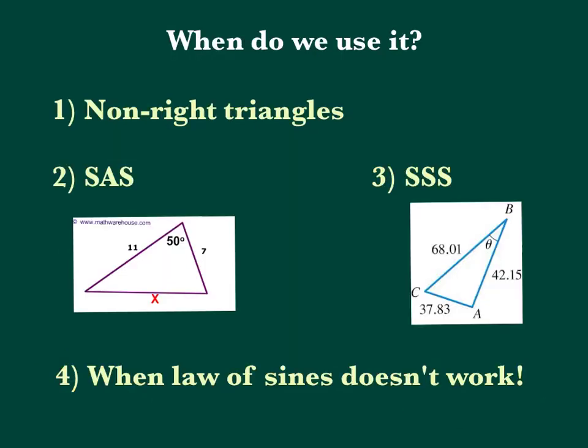Let's quickly talk about when we use the law of cosines. First of all, we definitely only want to use it because it's kind of nasty, so we only want to use it with non-right triangles. Once we've determined it's a non-right triangle, so we can't use SOHCAHTOA, we then will use it when we have a situation of a side, included angle, and then another side, or a situation where we have all three sides and we're looking for an angle.